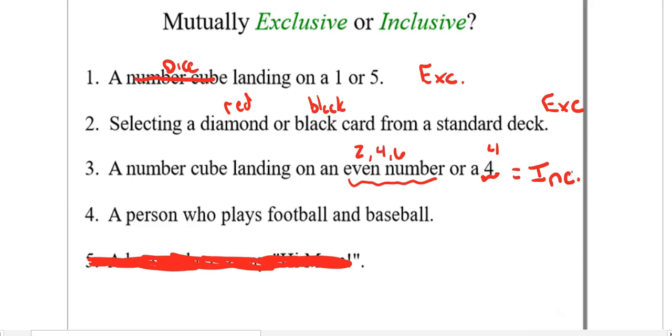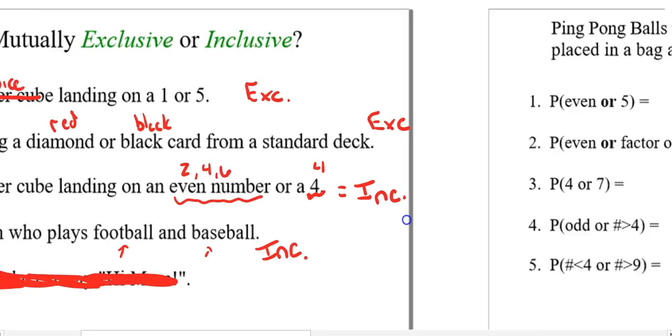And finally, a person who plays football and baseball. Well, you can certainly have a person who plays both, so that would be an example of an inclusive event. So just keep in the back of your head when you're thinking about these, inclusive means they can happen at the same time, and exclusive means they cannot.